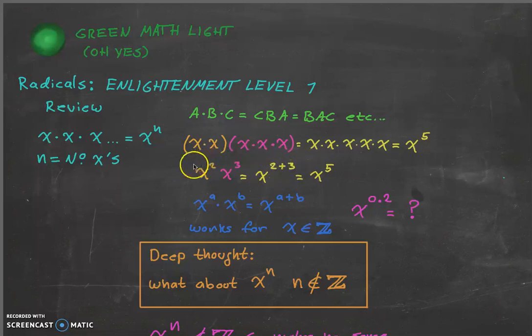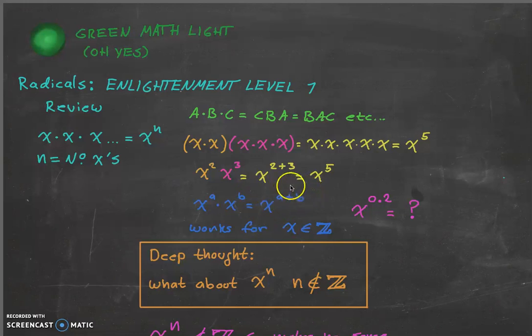And the 2 is coming from this term here, and the 3 is coming from this term here, and I get x to the 5th, which is the same as what I got here, right? I can then generalize this. Instead of using specific numbers, I can just have x to the a times x to the b, and define that as x to the a plus b.